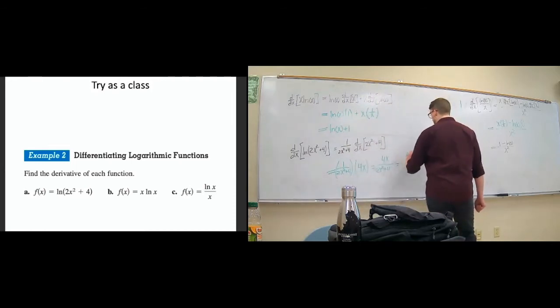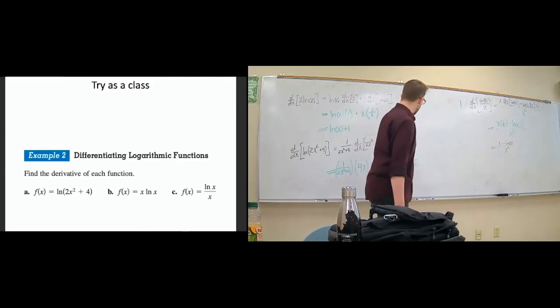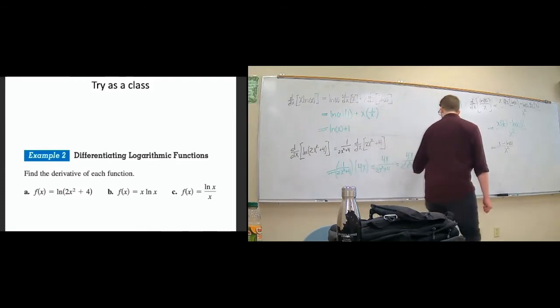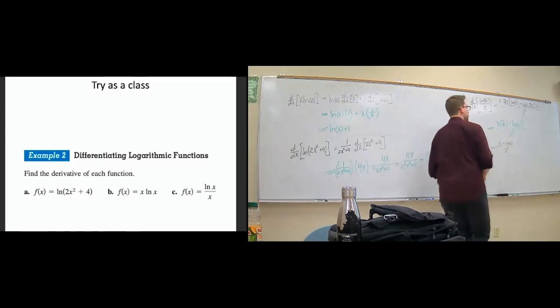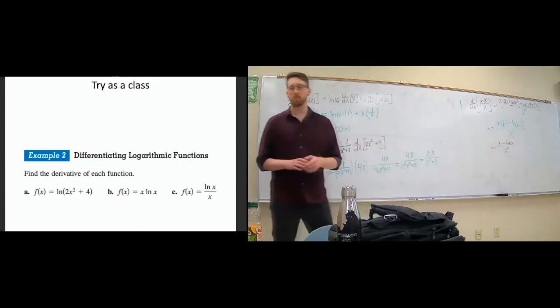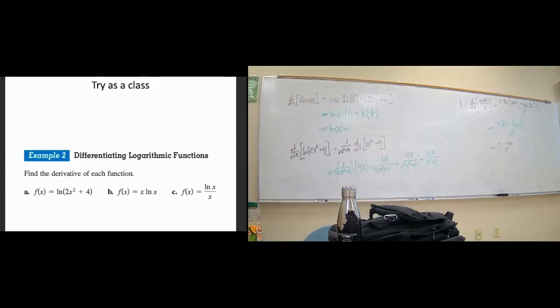So factoring out that 2, we're going to get 2 times (x squared plus 2) in the denominator. Dividing out, this is going to come out to be 2x over x squared plus 2. Make sense?